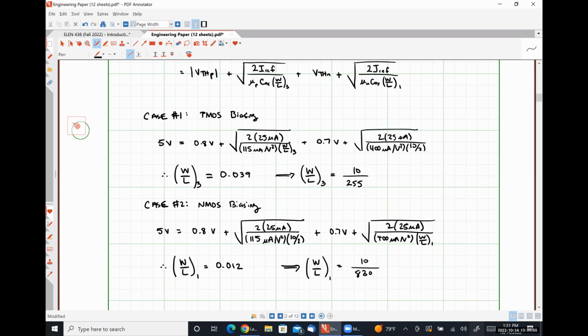So let's stop here. We are going to deal with our third option, the beta multiplier reference circuit, next class. The beta multiplier reference circuit is an integrated circuit spin on the Widlar current source that we talked about in 336, where the Widlar current source is what is used in op amps to transform the currents leaving your external power supply into these small bias currents for the internal circuitry of the op amp itself.